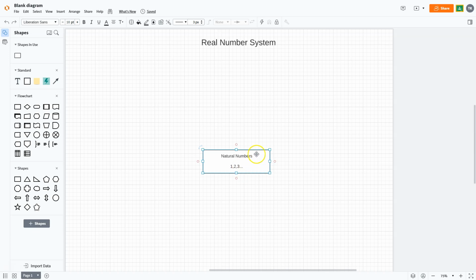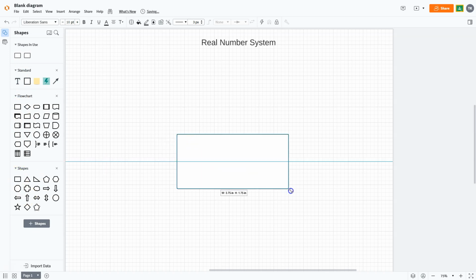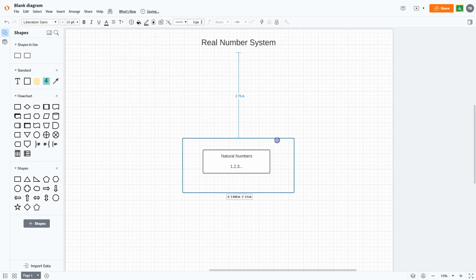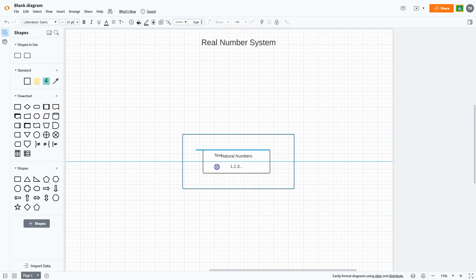So, in fact, if you take all of the natural numbers and add on to that zero and the negatives of all of these natural numbers, what you get are the integers.